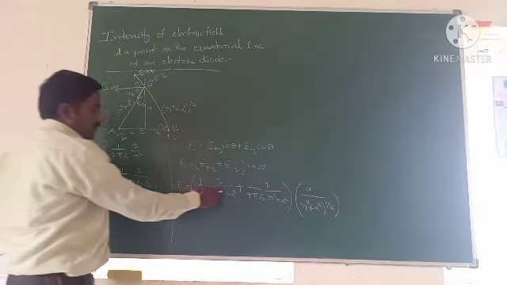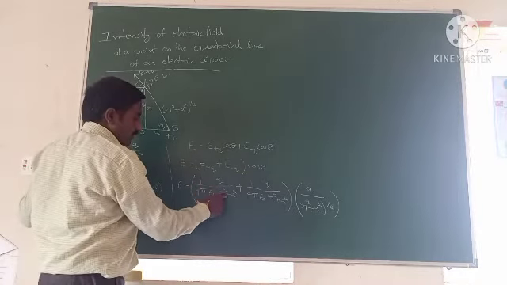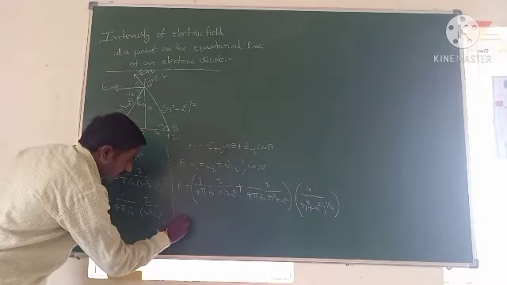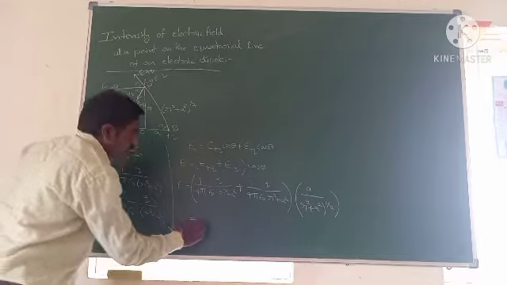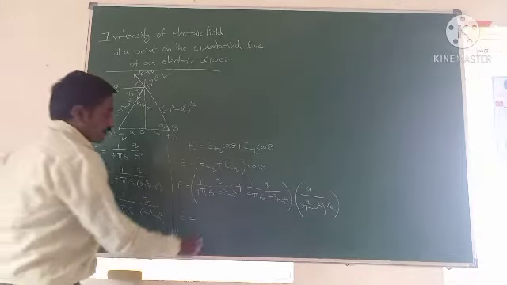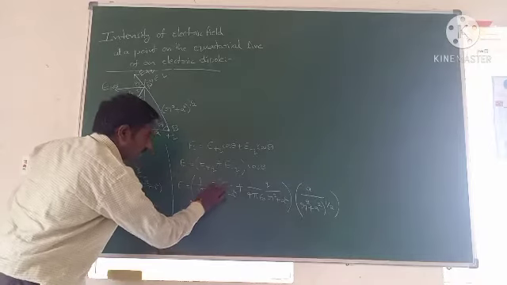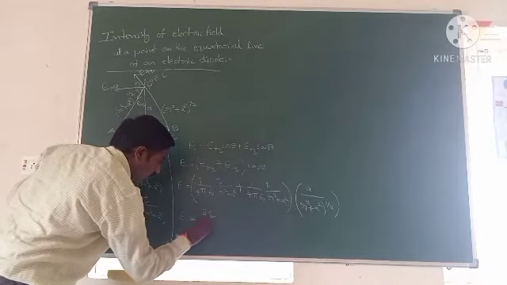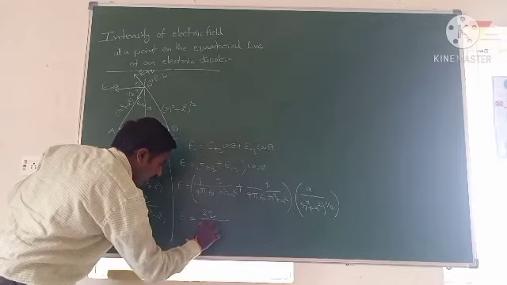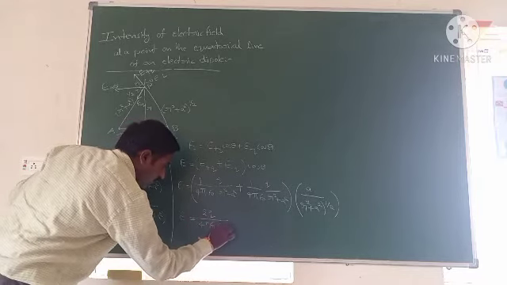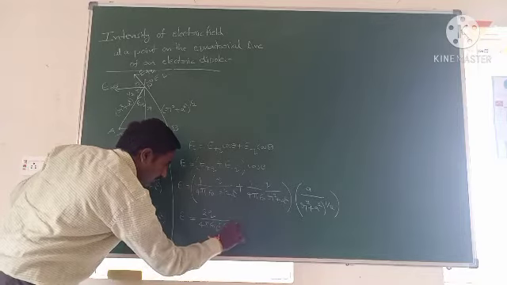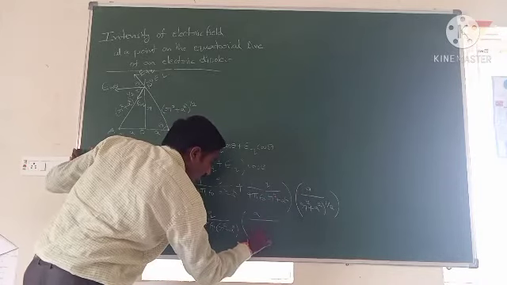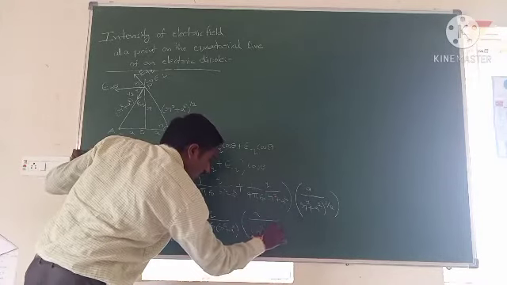Now here 1 by 4 pi epsilon naught Q by R square plus A square is also the same. So I can write E equals, okay, right here this is the same, so the summation of these two terms means 2Q by 4 pi epsilon naught, R square plus A square, into the same A by R square plus A square whole power 1 by 2.